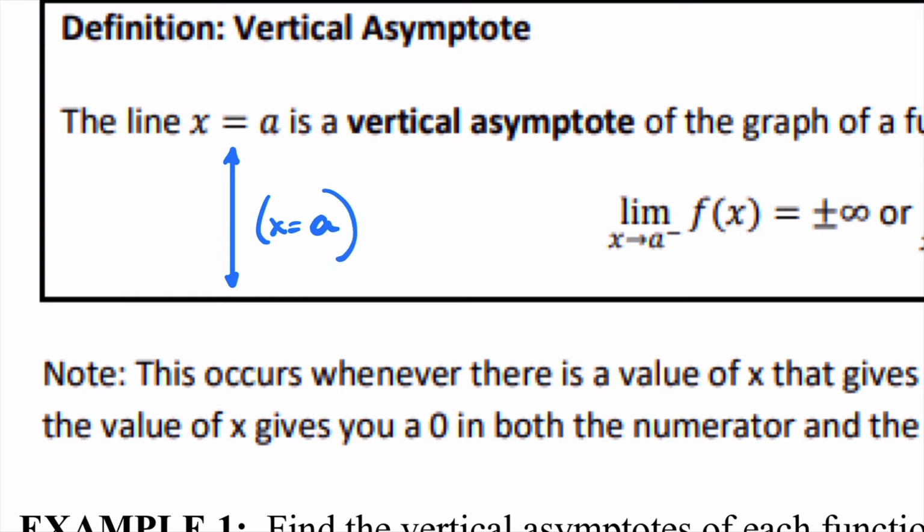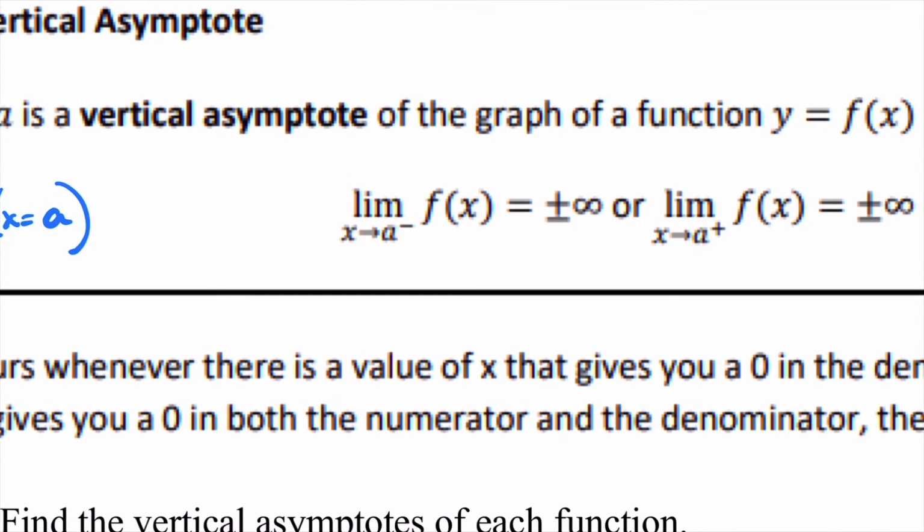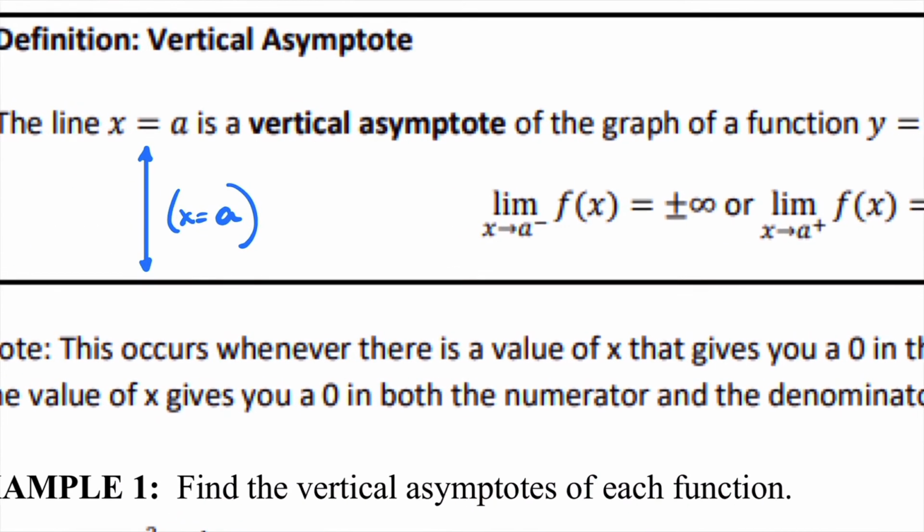For it to be a vertical asymptote, the limit as I approach that line from the left side is either going to be positive or negative infinity. That means it won't touch the line. It'll approach the line, but the function will go either up or down, one or the other.